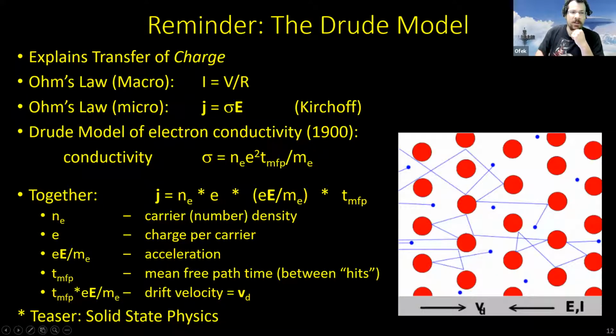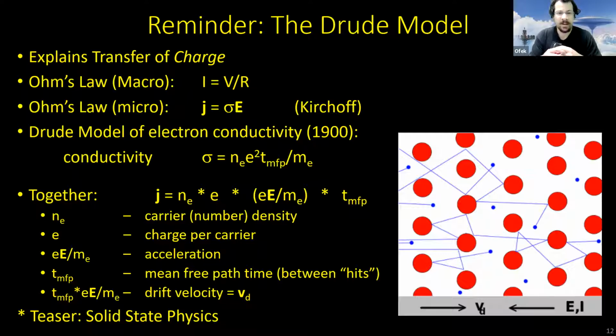Ohm's law on the macroscopic level tells us that electric potential V or U is equal to R times I, or that current is basically the potential divided by the resistance R, which is some property of the matter through which you want to have an electric current flow.